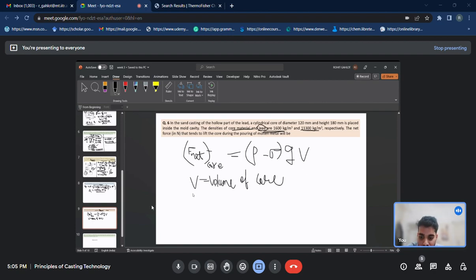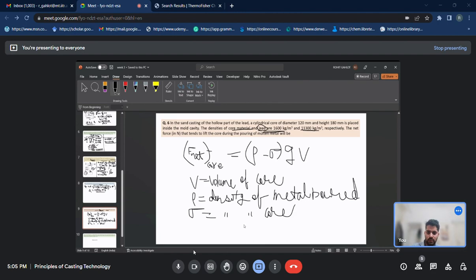Here V is the volume of the core, g is the gravitational acceleration, rho is the density of the liquid metal, and sigma is the density of the core.